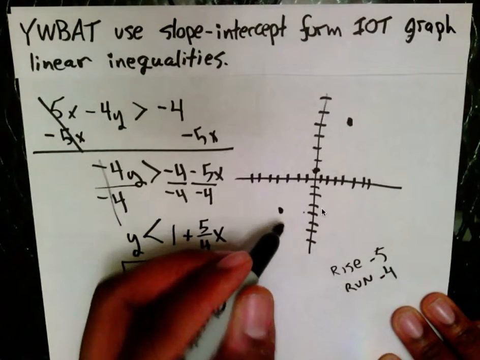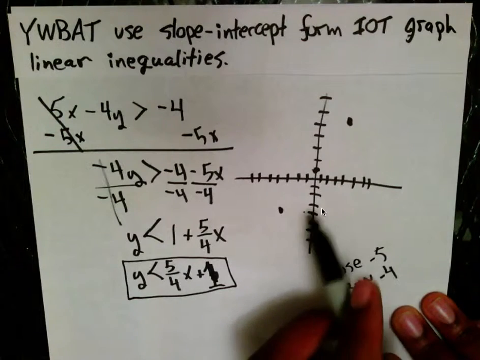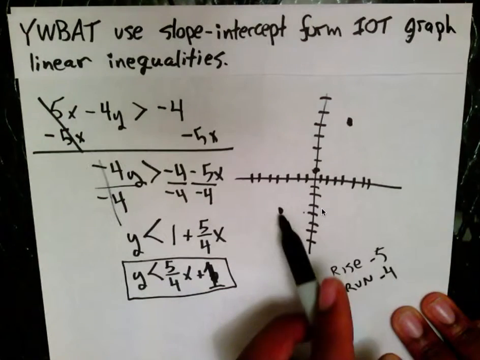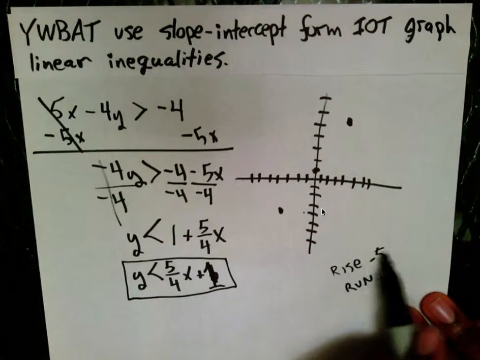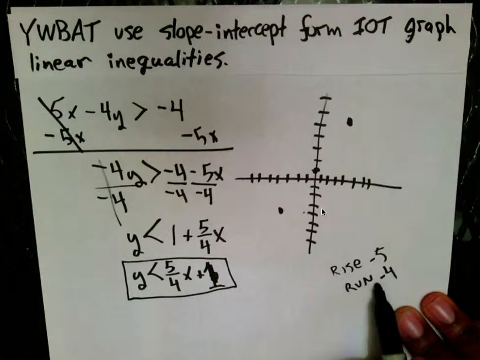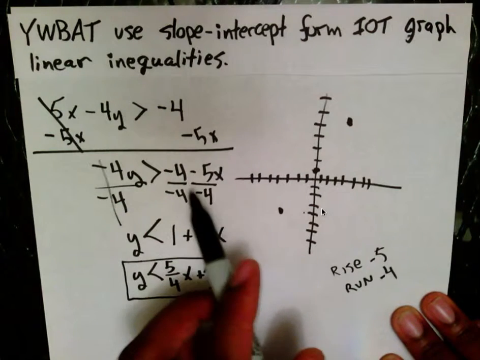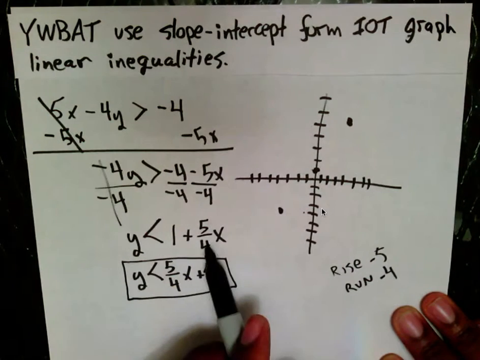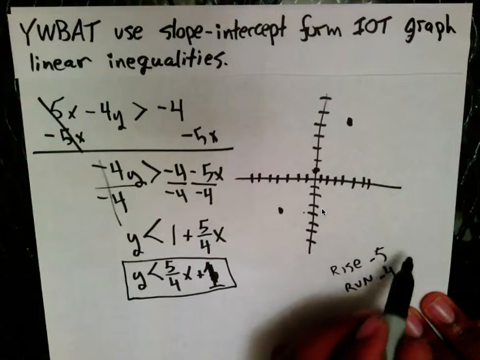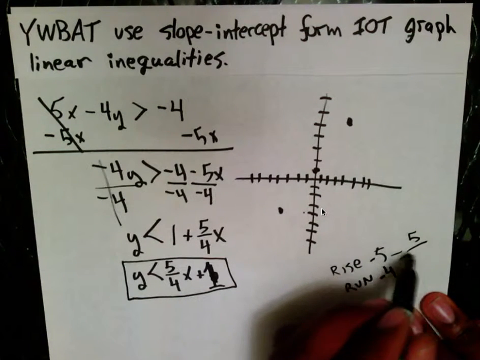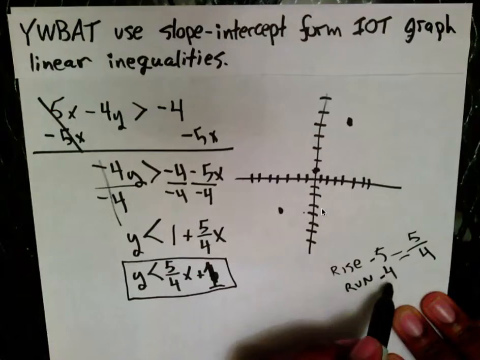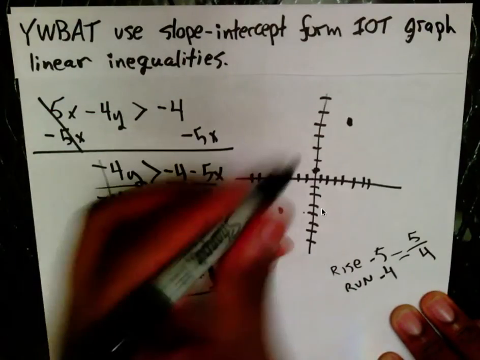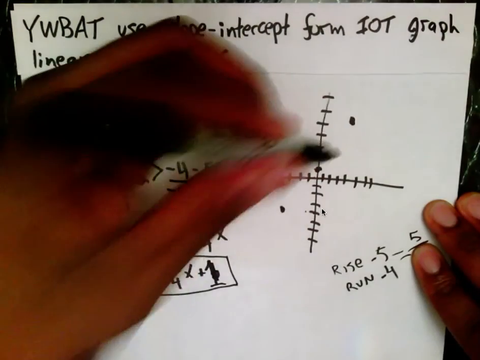And look, the slope is the same slope, because when you make both of these negatives, down and back to the left, negative over negative is positive. For the same reason that negative here divided by negative here gave us a positive. Slope is still equal to 5 over 4 because negative over negative cancels out. So let us connect our dots.